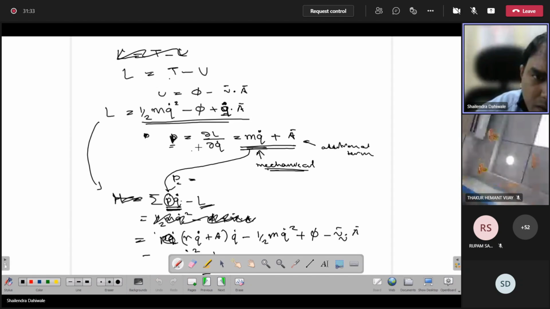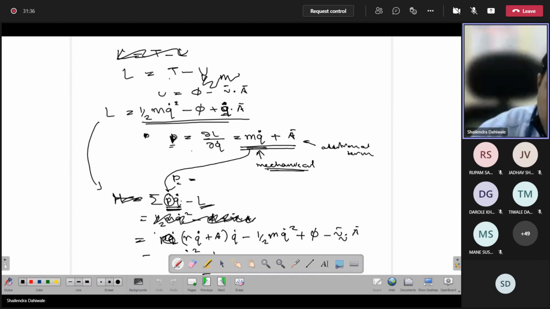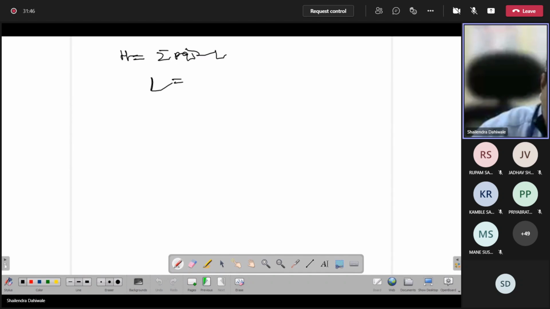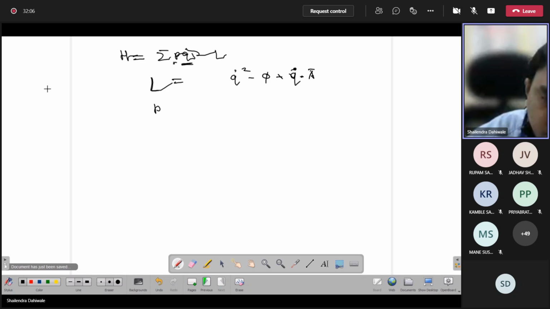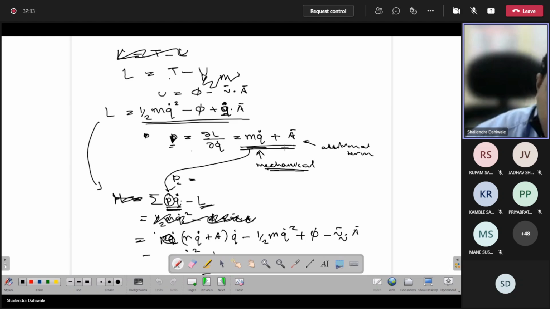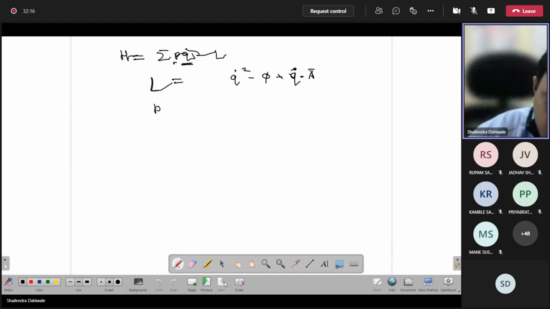What is happening with this? I write here L as my half mq dot square minus q phi plus q dot A, and p is my mq dot plus qA, right?